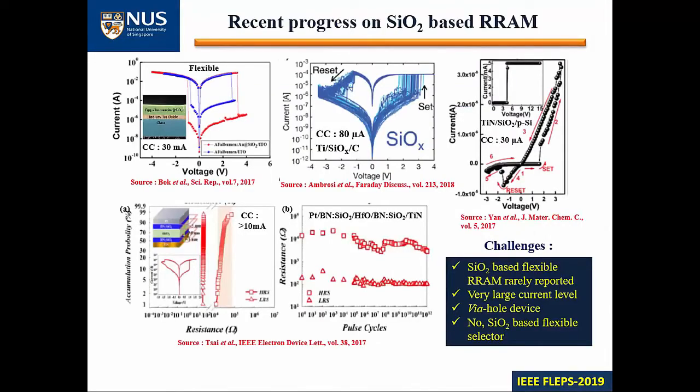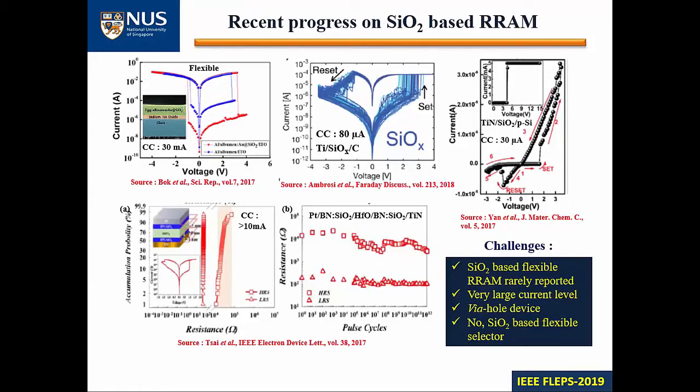Let's go through several recent progress on silicon oxide-based RRAM. From all the work listed here, we can clearly see that silicon oxide-based RRAM has been reported frequently these years, but we also face several significant challenges. For example, silicon oxide-based flexible RRAM are rarely reported, and all of the work listed here suffers from a large compliance current level.